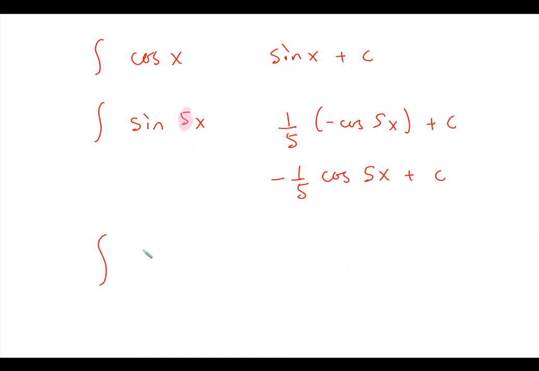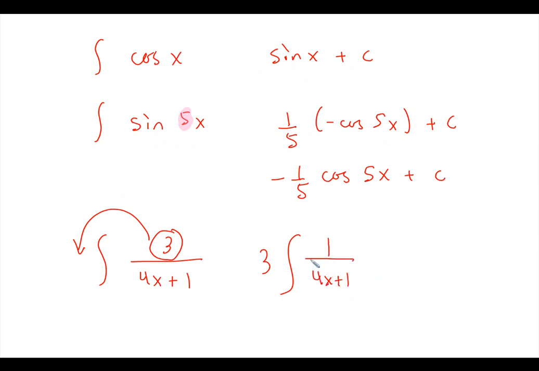So let's say we have 3 over 4x plus 1. So first of all, if you recall, we have a rule where it says if we have a constant, we can pull this guy out. So first of all, we can think of this problem as 3 integrating 1 over 4x plus 1. So first you want to always pull out that constant, okay?